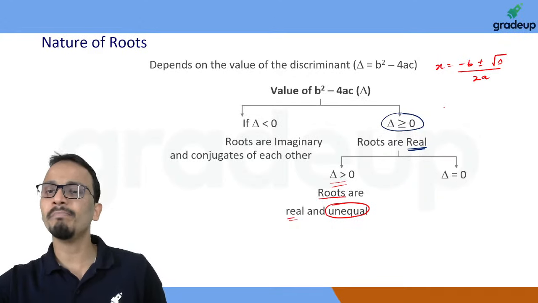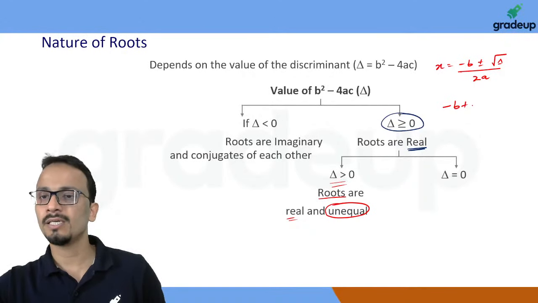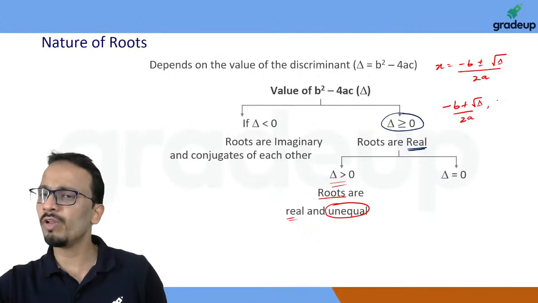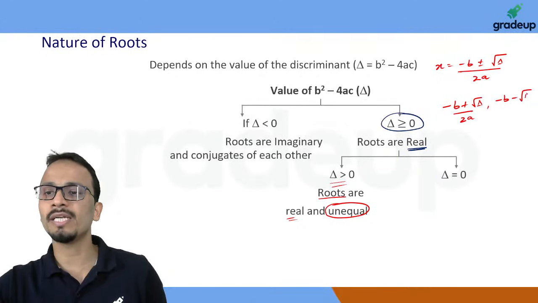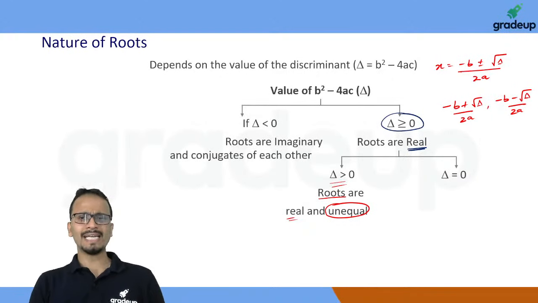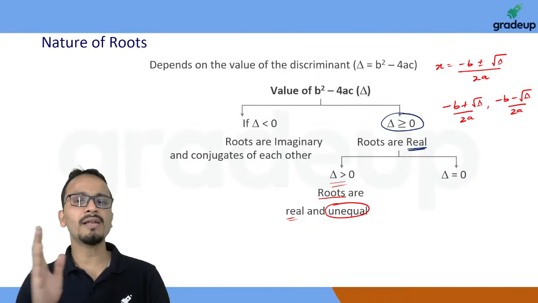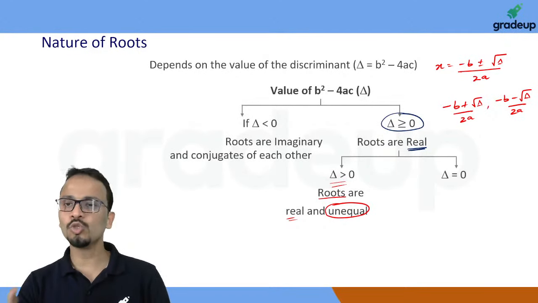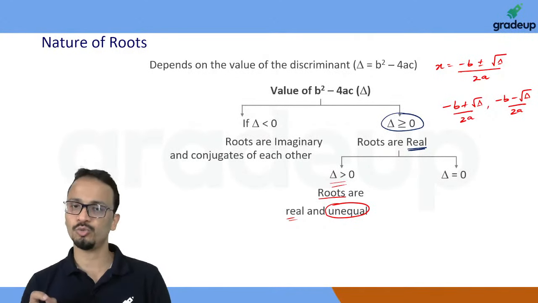One of the roots will be minus b plus root delta upon 2a, and another root will be minus b minus root delta upon 2a. So if delta is greater than 0, then the roots are real and both the roots will have different values.